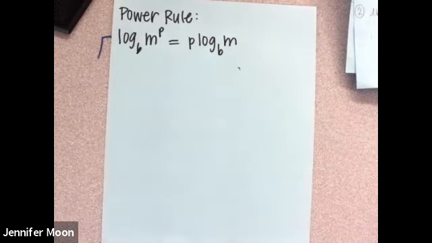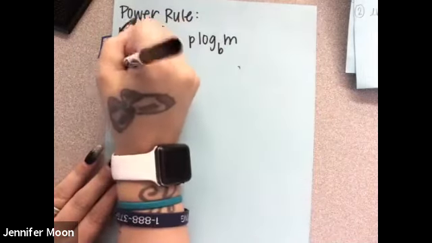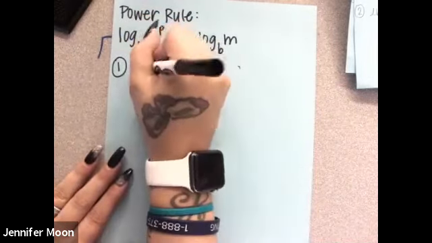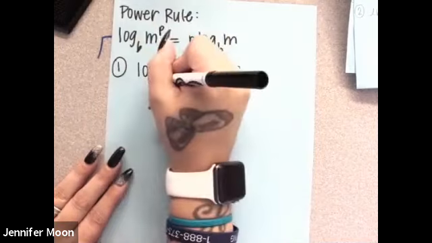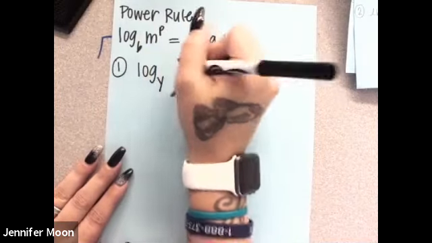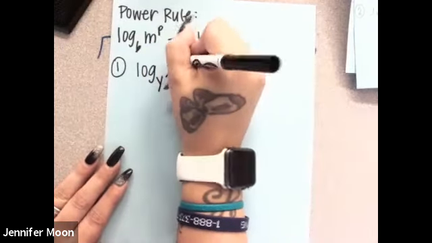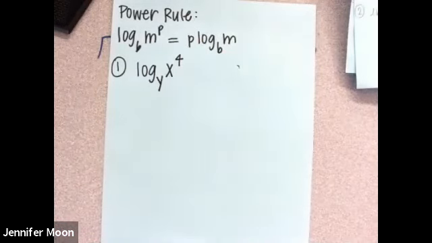That's the power rule. And I have 2 examples for this power rule. The first one is log base y of x to the 4th. And it should be very clear which one's your base, which one's your exponent, which one's written normally. You can't just write them all the same because it's 100% wrong, right?